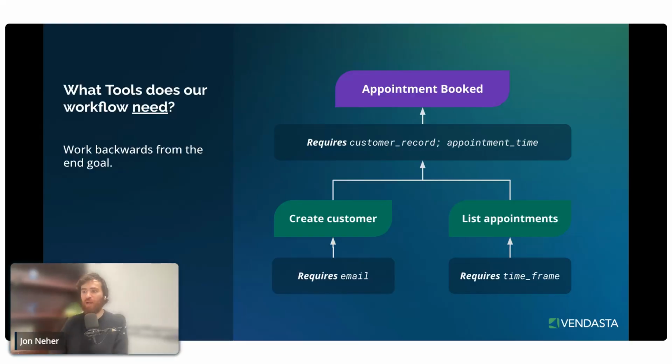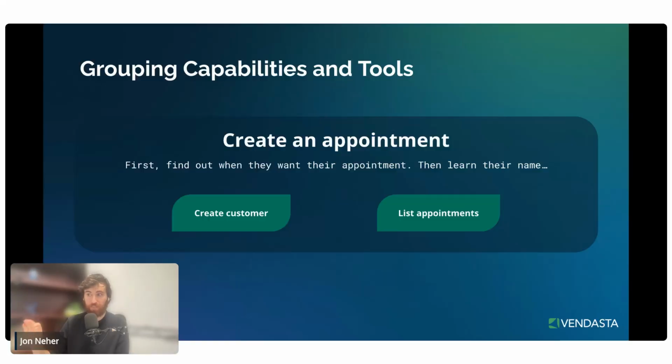And it is probably most useful for us to put all of these tools together and grouped in one capability or complete workflow. So, for example, that create an appointment that required having a customer and having an appointment time and the API to book an appointment.